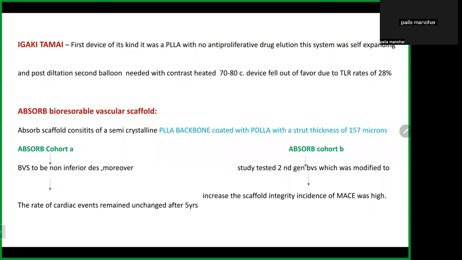Moreover, the rate of cardiac events remained unchanged after 5 years, just like in normal individuals with risk factors. ABSORB cohort B studied the second-generation scaffold, which was modified to increase scaffold integrity, and in this study major adverse cardiac events were high.